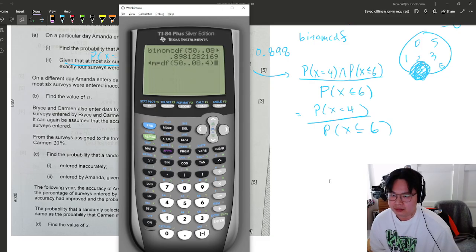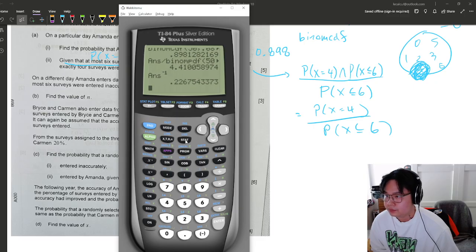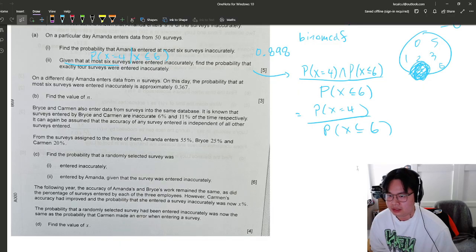Okay, and then we divide them. And then you should get this number, 0.227.